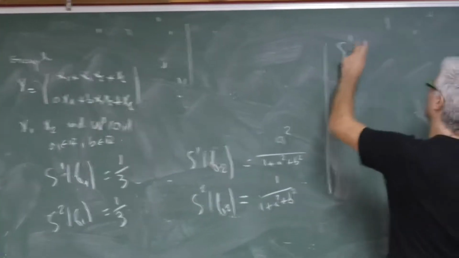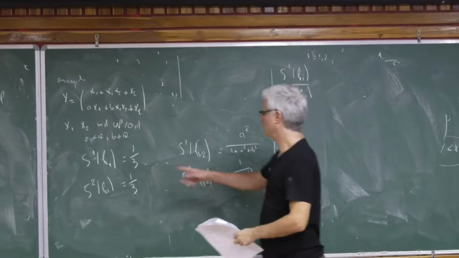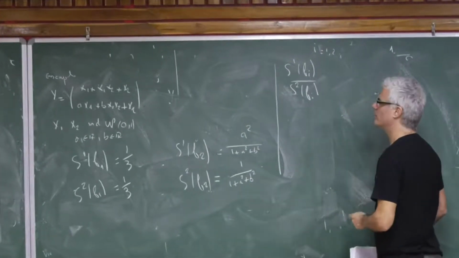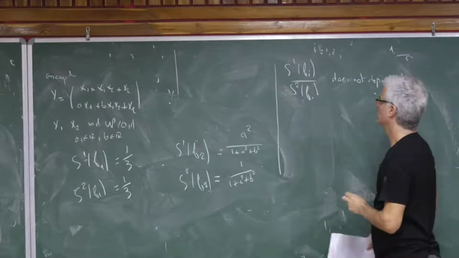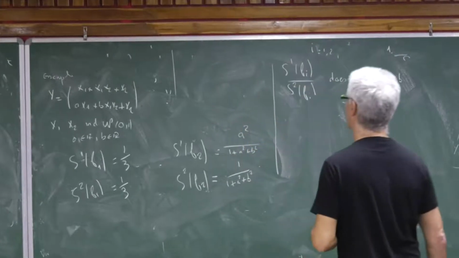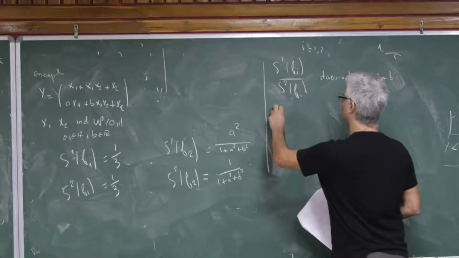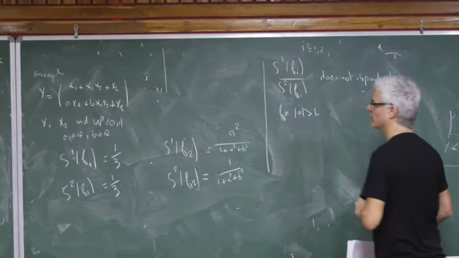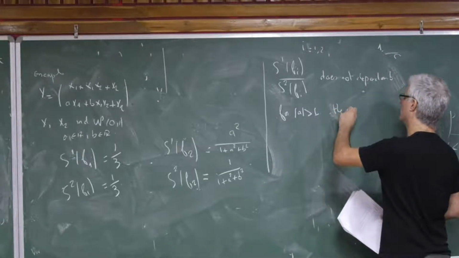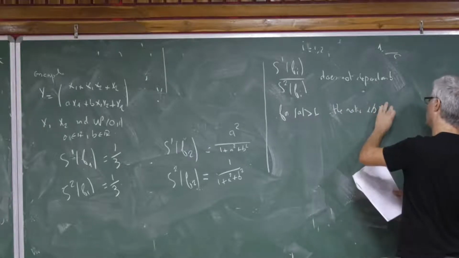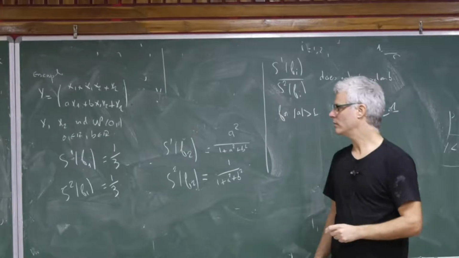If you take a look at the ratio, there's something a little bit strange: this does not depend on B. And if you do the ratio, we saw that for A larger than 1, the ratio is larger or equal to 1, because it's just A squared for the second one and 1 for the first one.